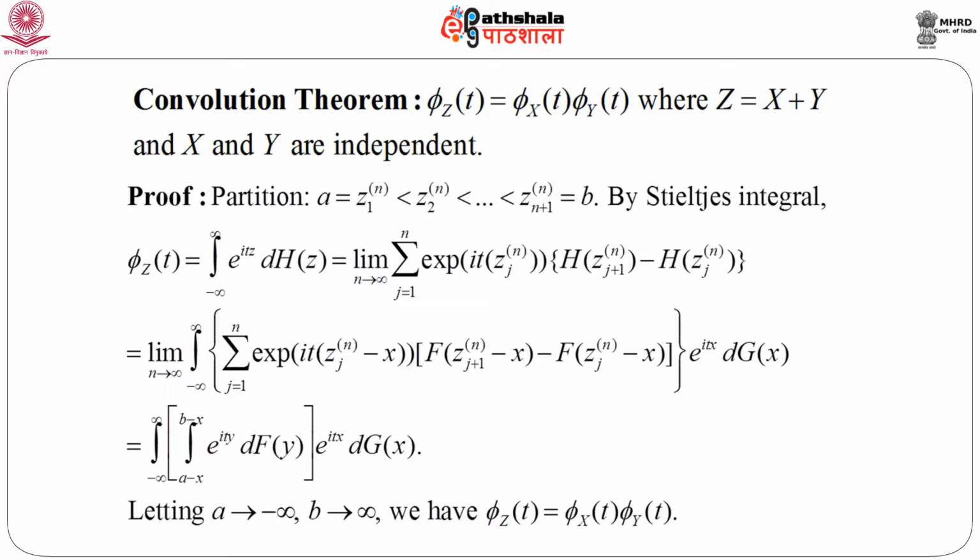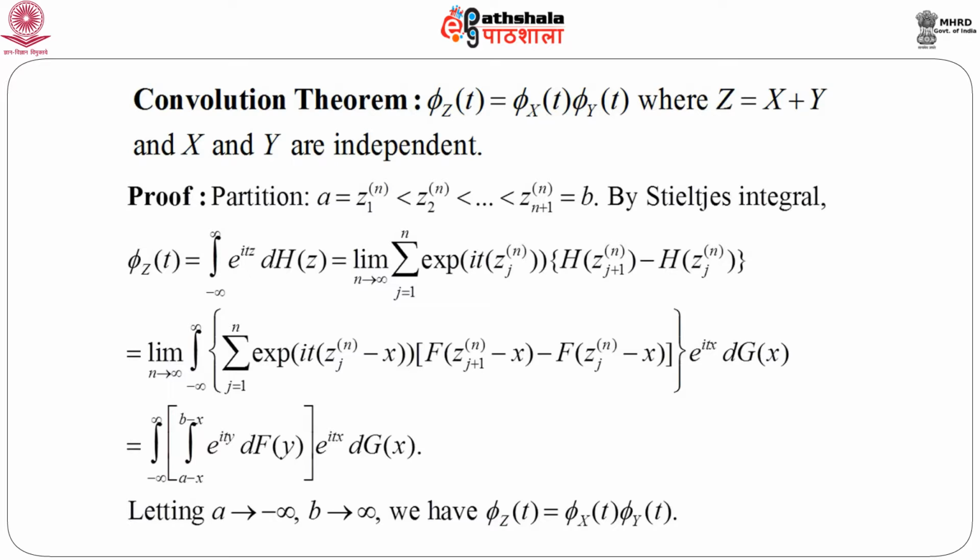So, integral from minus infinity to infinity of e^(itz) dh(z), which is nothing but the limit of this entire sum. Here the function is e^(itz), so e^(itz_j^(n)) into h(z_(j+1)) minus h(z_j). This is just by the definition of the Stieltjes integral.